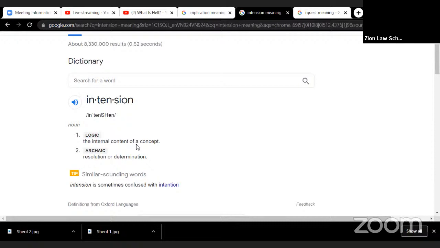Internal content or concept. So as a noun in logic, it means the internal content of a concept. Its ancient meaning is resolution or determination. So this is saying, is it logical then that to inquire is to demand? So that's something everybody needs to answer for themselves.